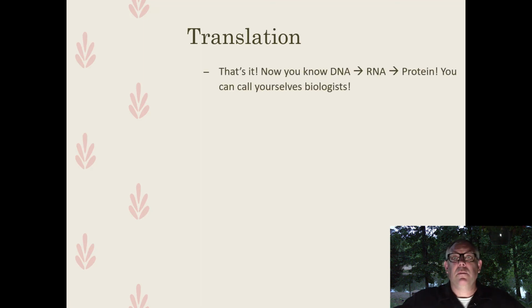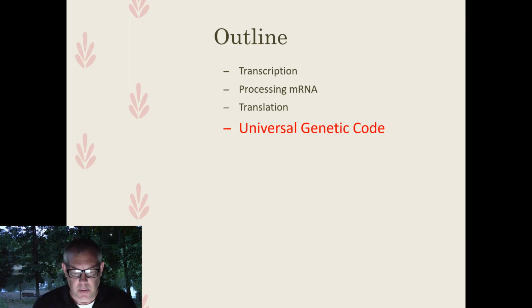Well, that's it. You now know the steps for DNA to RNA to protein. You can call yourself a biologist because this is like the most important idea in biology. Okay, so the last thing I want to talk about is the universal genetic code. I've already sort of mentioned this, and we've seen the table.